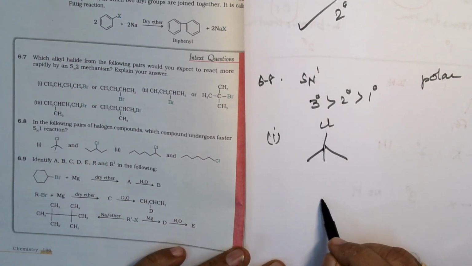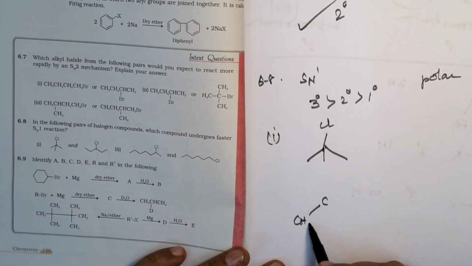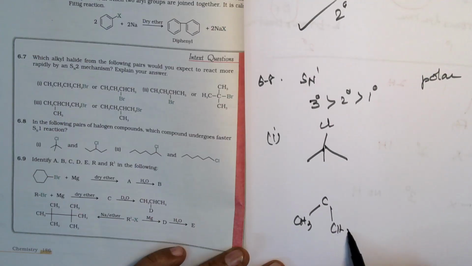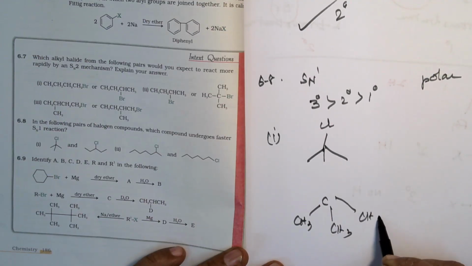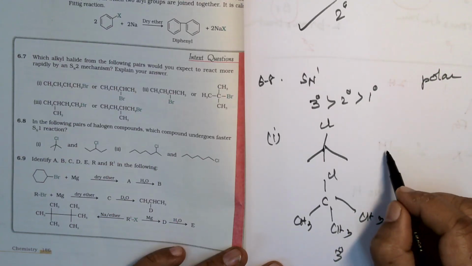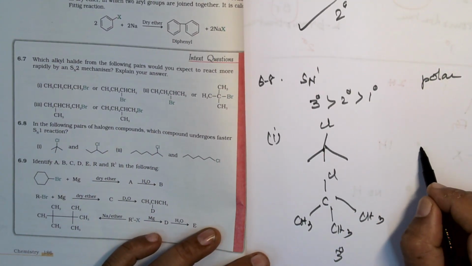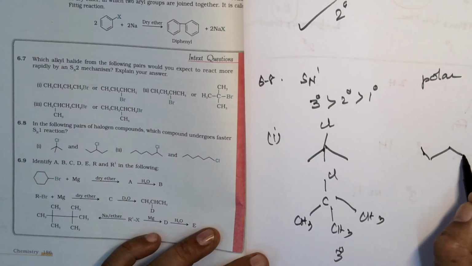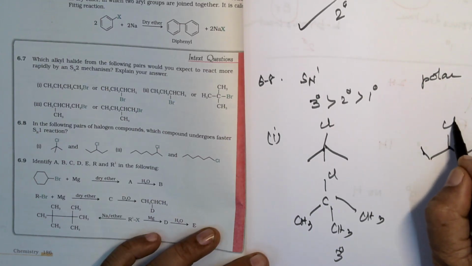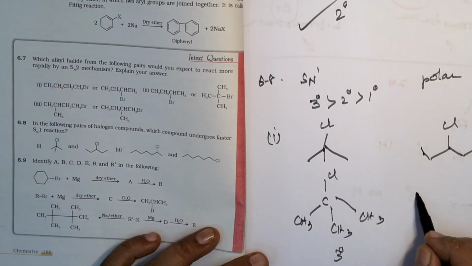Now you can expand it as CH3, CH3, CH3, and C. What is that? This is tertiary. And what about the other one? They are given like this. Bond line diagram. So you can expand it.